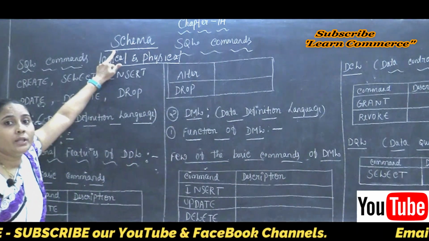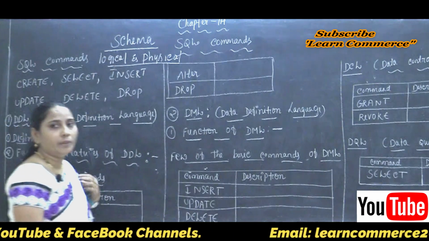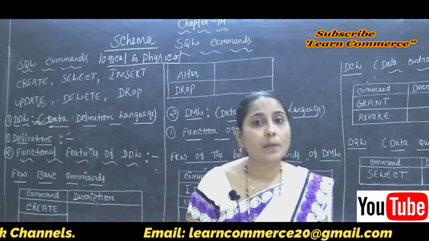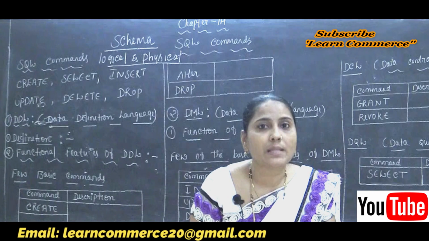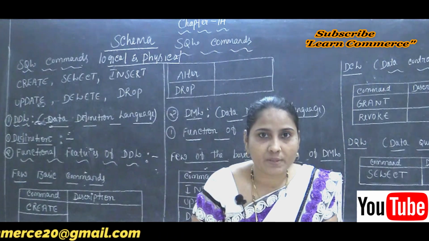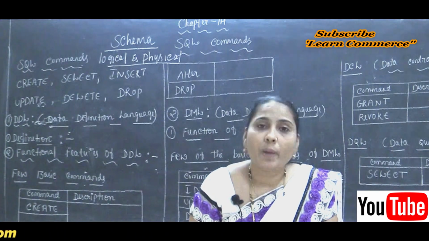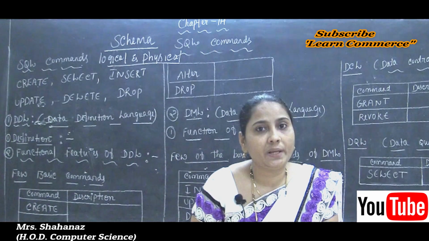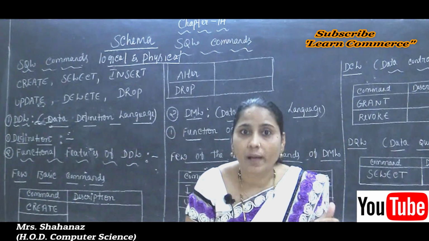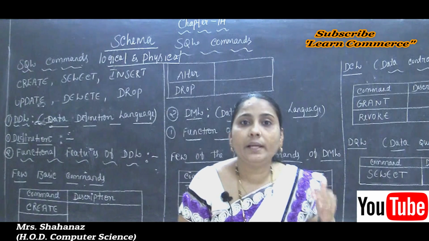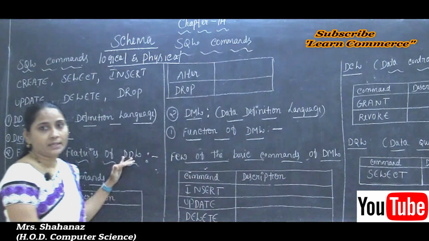And one more thing is the second name, the sub schema. So what do you mean by a sub schema? The sub schema is a way, by using a specific application, by using one software, we are going to view the data from the database. Clear this point here?